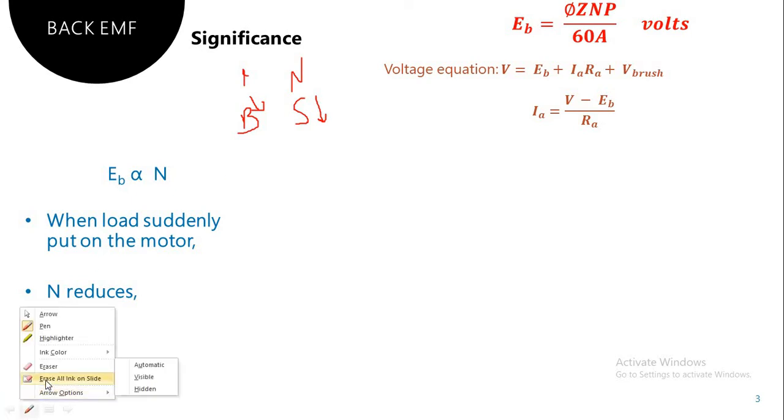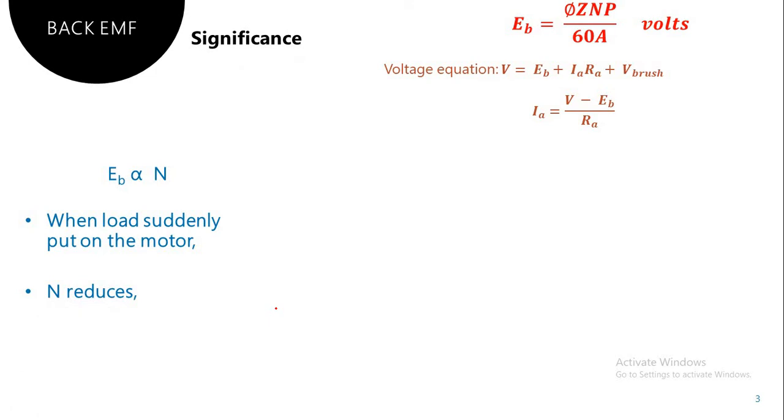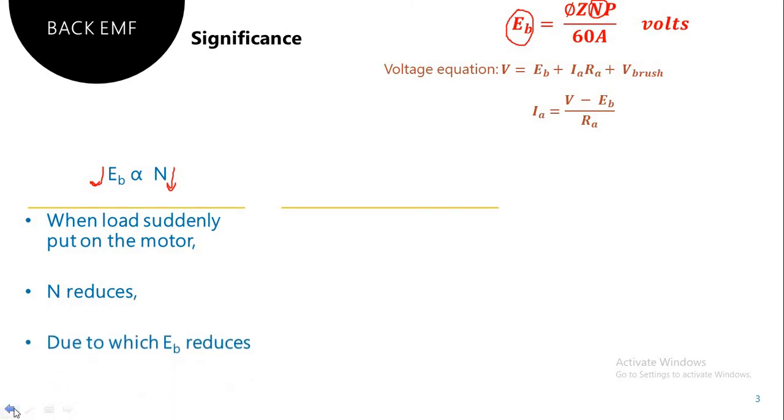So when the load is suddenly put on the motor, speed is going to reduce. When the speed reduces, back EMF, which is directly proportional to the speed, also reduces, due to which Eb is going to reduce.